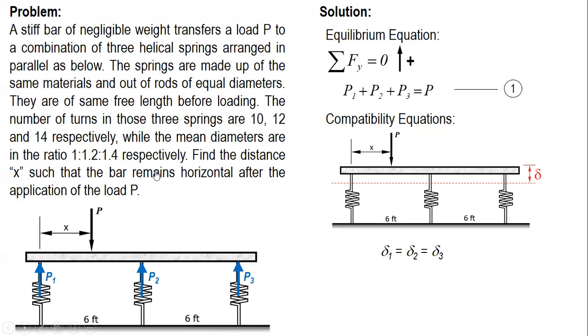And based on the condition, for the number of turns, we have 10, 12, and 14. So this is N1, N2, and N3. And for the mean diameter, okay, this is D1. 1.2 is D2. 1.4 is D3. So, D2 is 1.2 D1 based on the ratio. D2 is 1.2 of D1. Therefore, the mean radius R2 is equal to 1.2 R1.